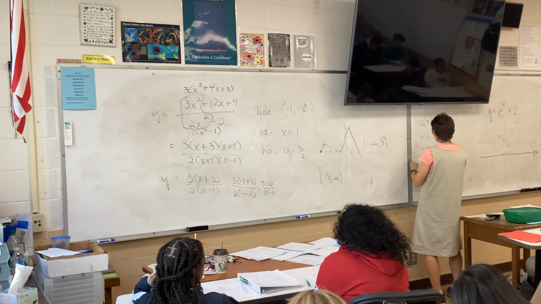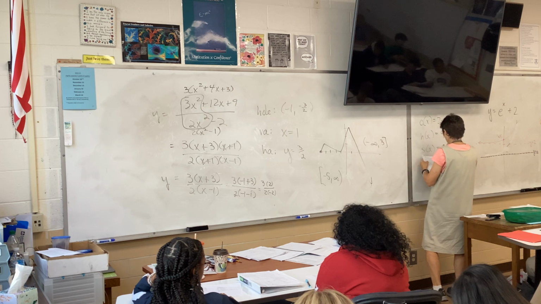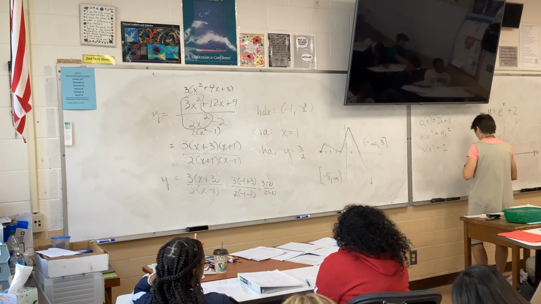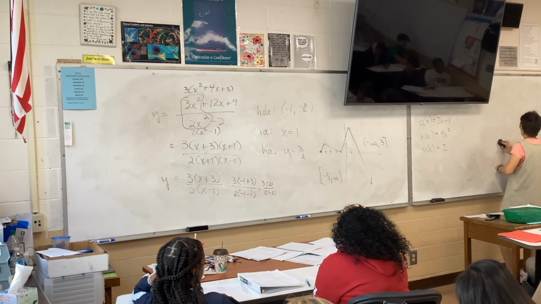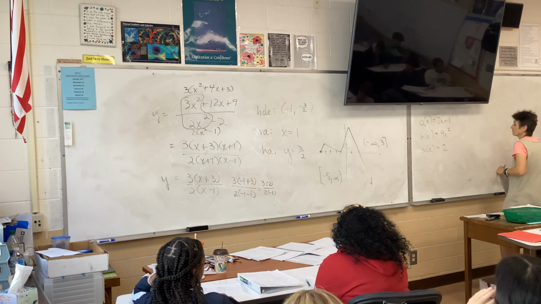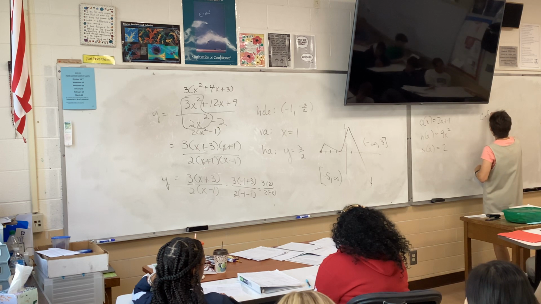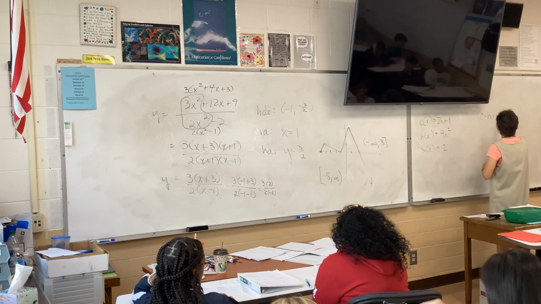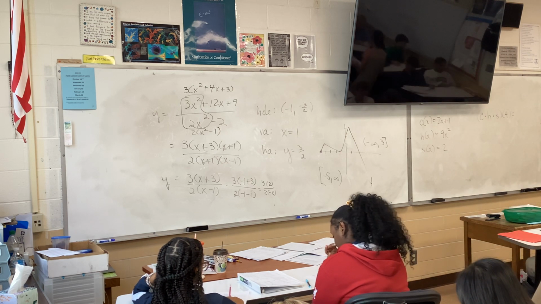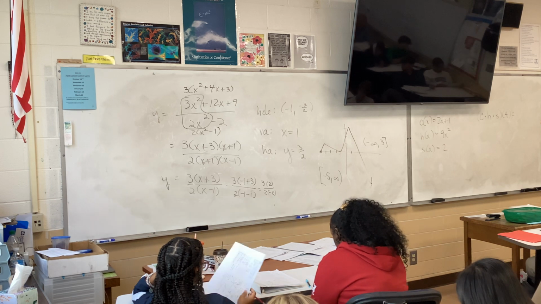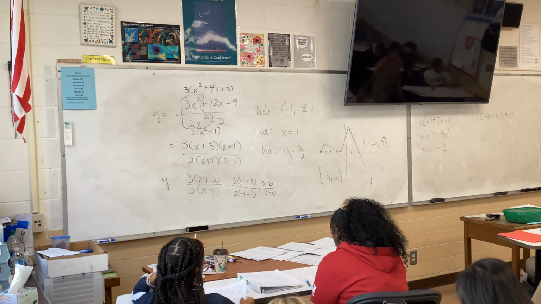So you're given 3 functions, and you have to find C of H of S of 4. That's the problem, okay? So this is a composition. When we do compositions, we start here.